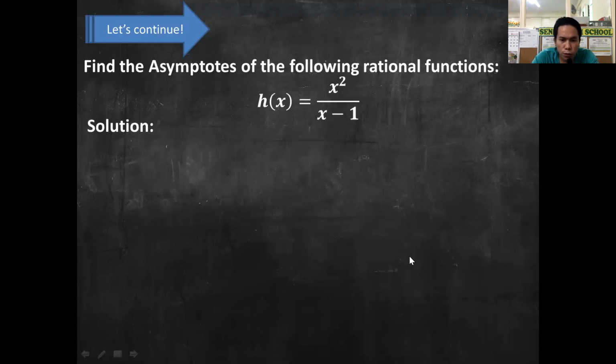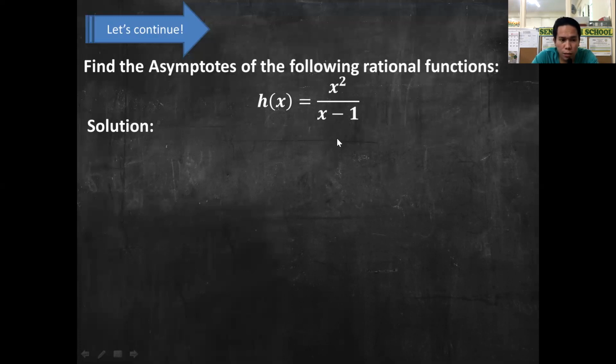Let's find the horizontal asymptote, comparing the degree of our numerator and the denominator. Kung napapansin nyo, our x here is squared and our x sa baba is isa lang yung degree. Ibig sabihin, lamang ng 1 point ang ating numerator. Our n is m plus 1. So ibig sabihin, wala siyang horizontal asymptote.